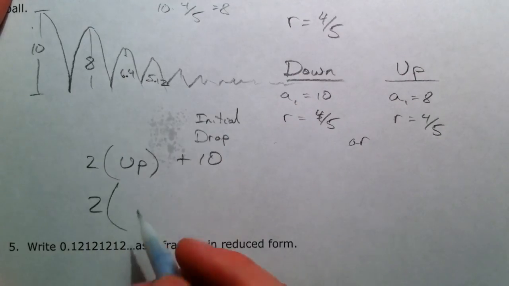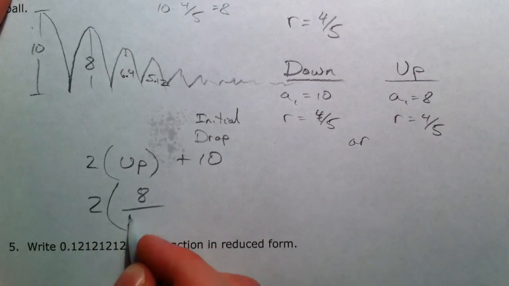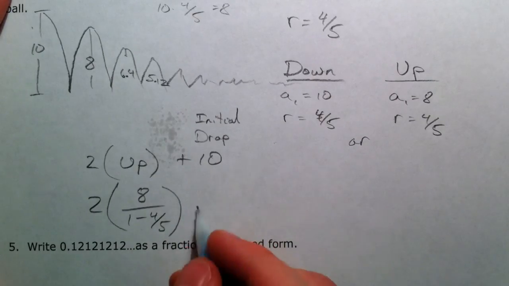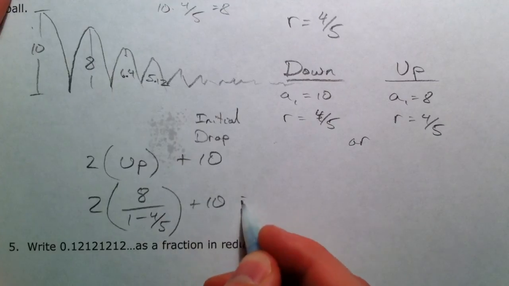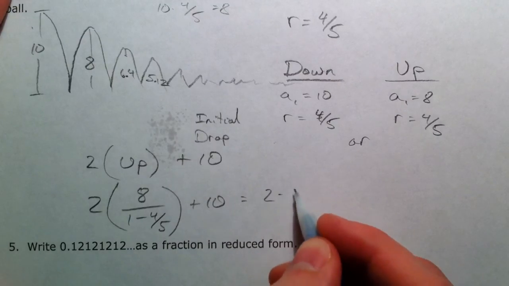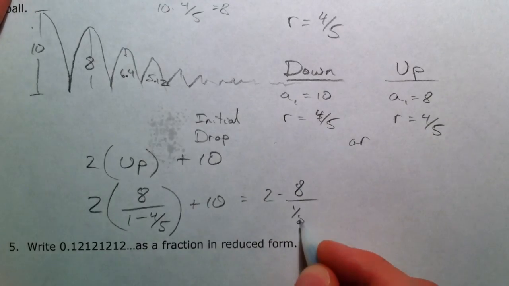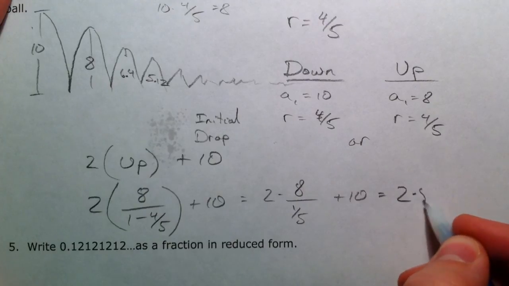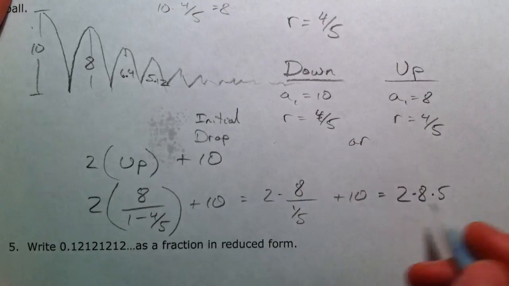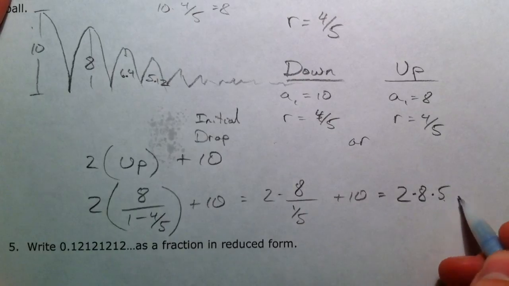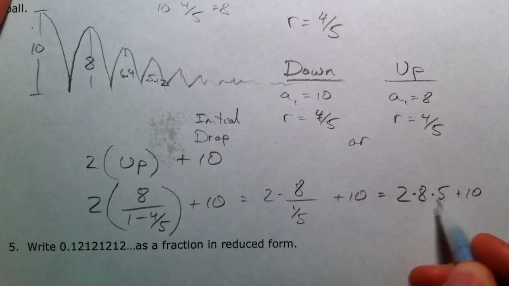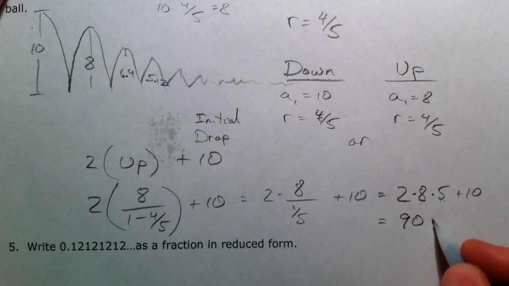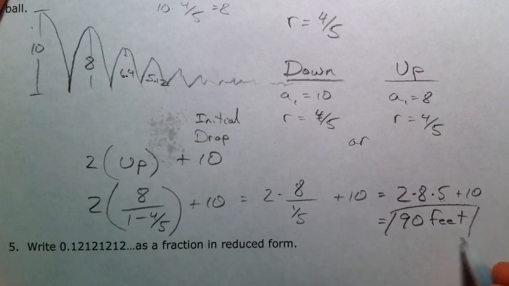So the up is going to have our a sub 1 over 1 minus 4/5, plus 10. So that's 2 times 8 over 1/5. So 2 times 8, and then we flip over the 5. Dividing by 1/5 is multiplying by 5, and add 10. So that's 40. Times 2 is 80. Plus 10 is 90 total feet traveled.